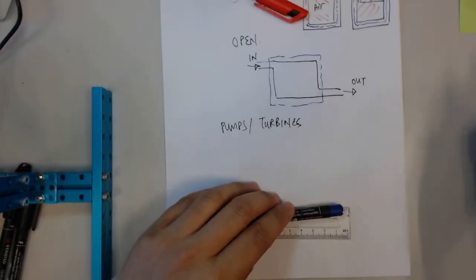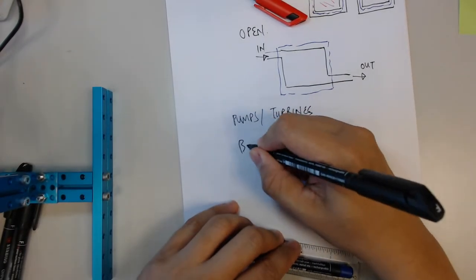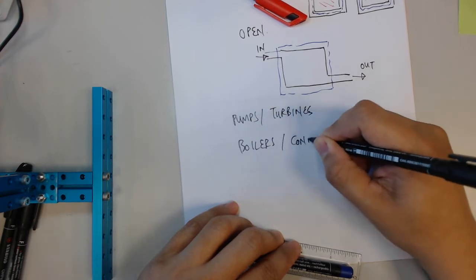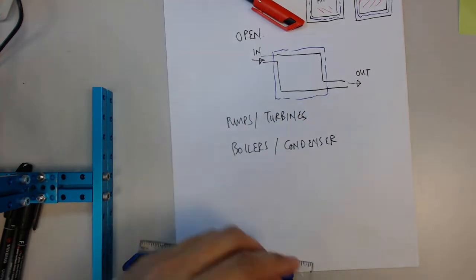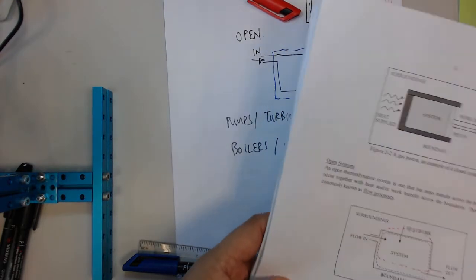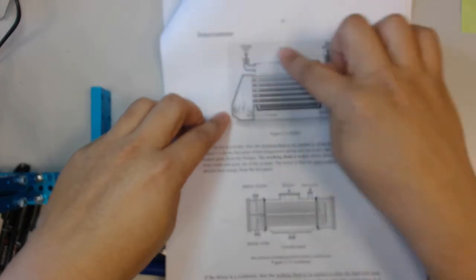The next type of open system will be boilers and condensers. An example of a boiler will look like this.